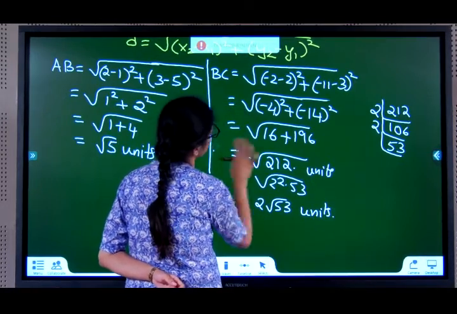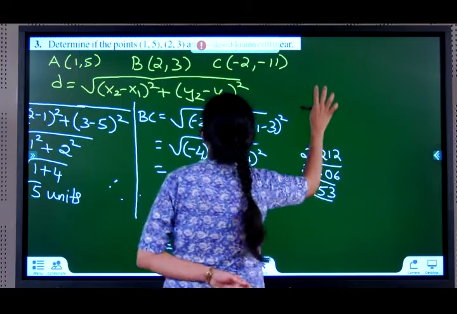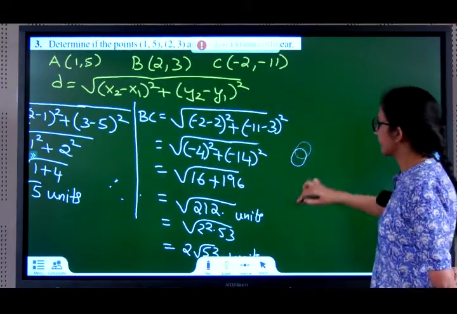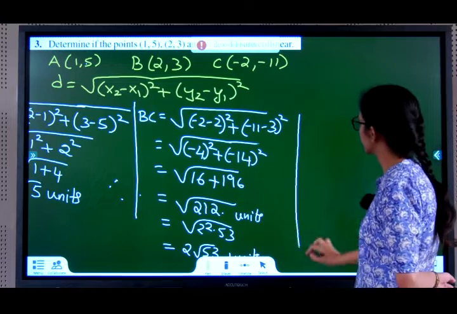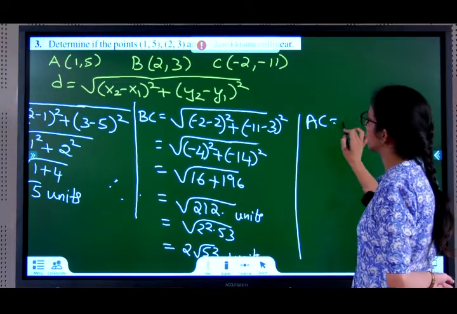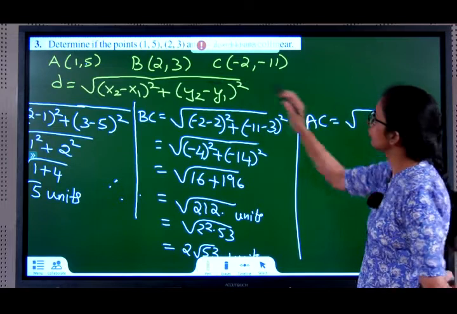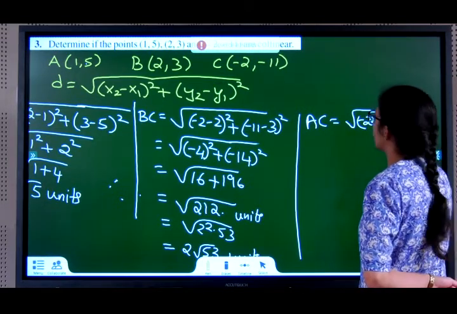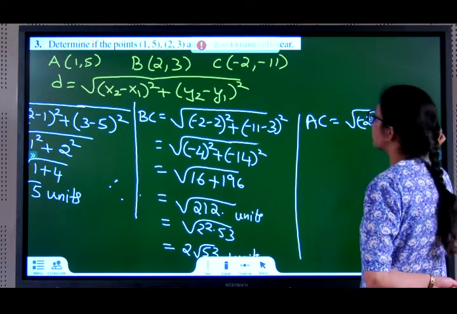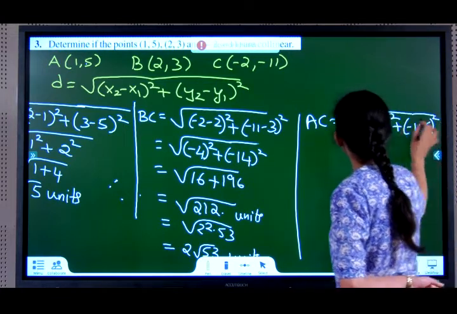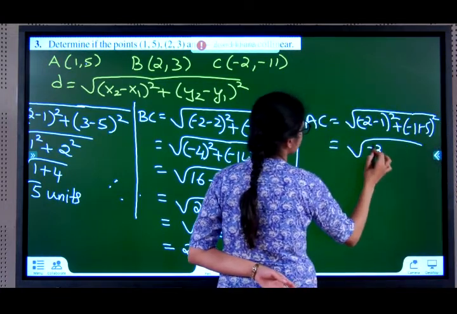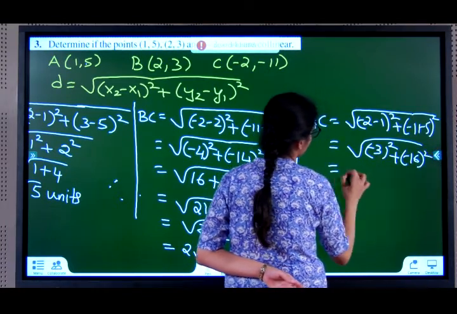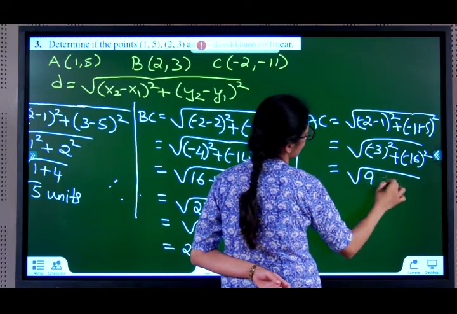Next we have to go for AC. Root of (-2 minus 1) square plus (-11 minus 5) square. (-3) square plus (-16) square. (-3) square is 9.